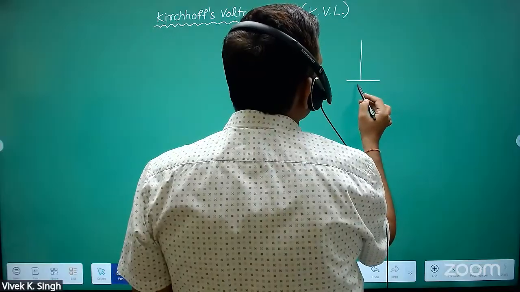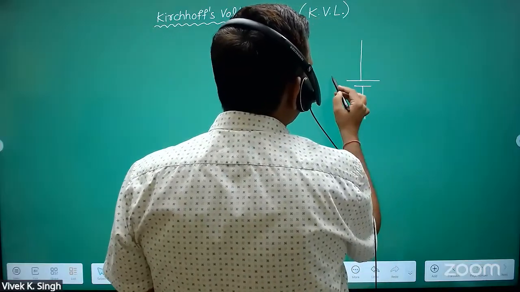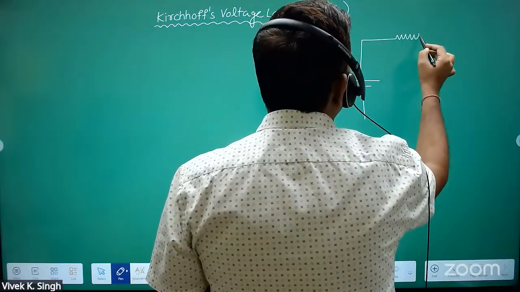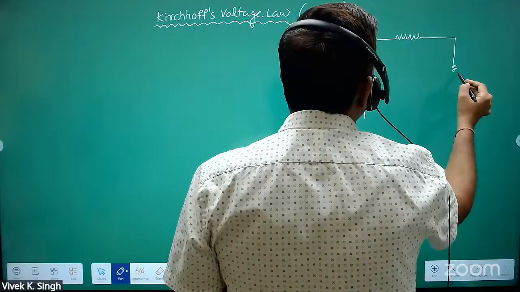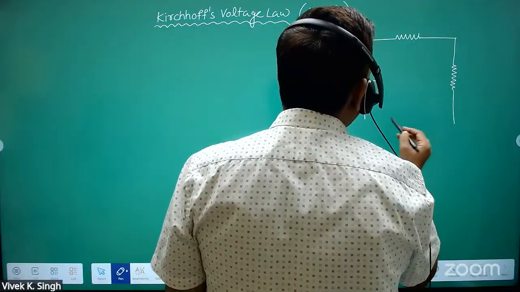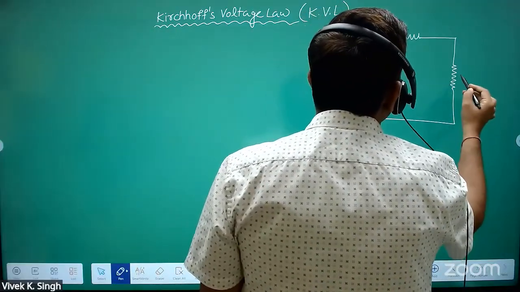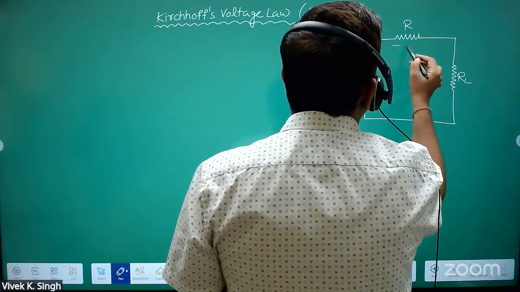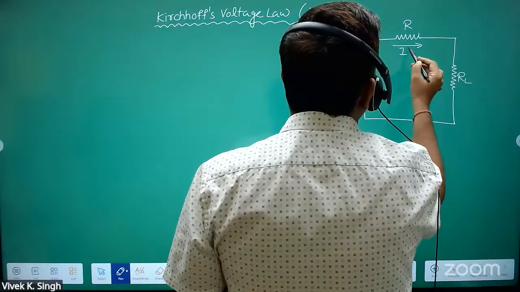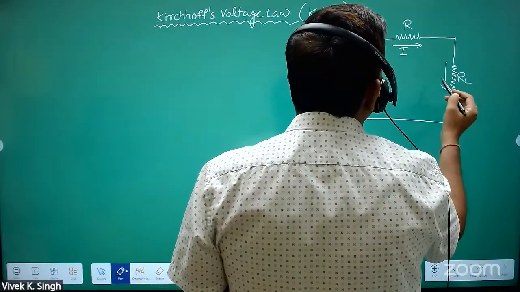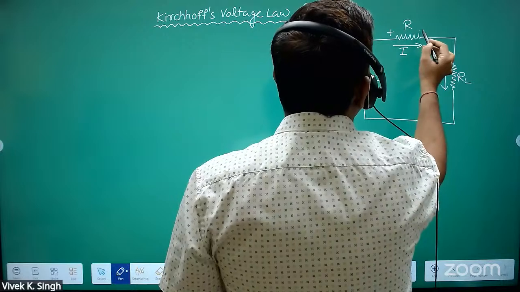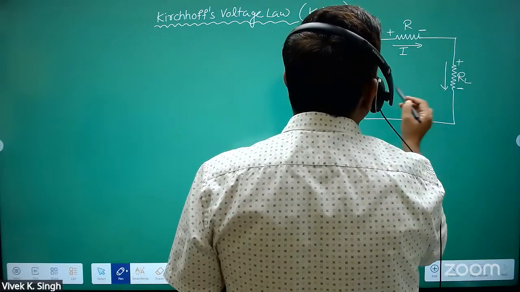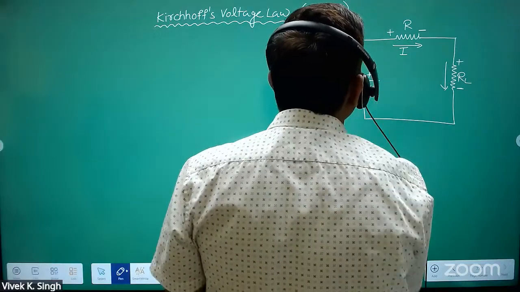Let's see, this is some voltage source V. This is R. And this is RL. Assume in this current is I. I'm showing the polarity. Current flows from high potential to low potential. This is negative. This is positive.